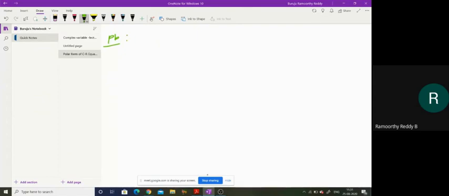Prove that (∂²/∂x² + ∂²/∂y²) of (real f(z)) whole squared is equal to 2 times mod f'(z) whole squared. So this you need to prove.